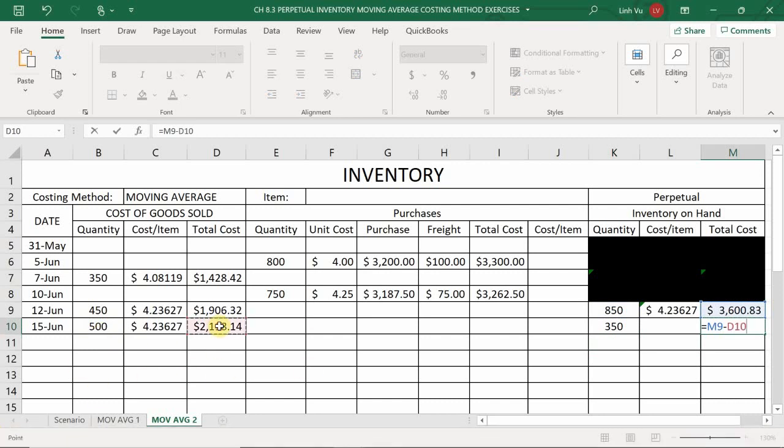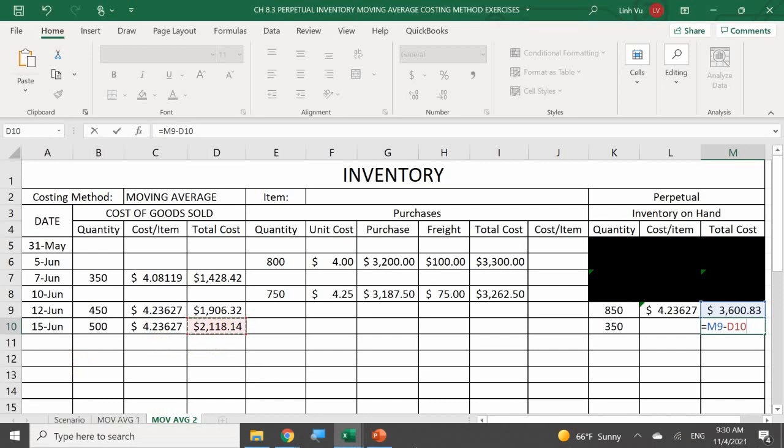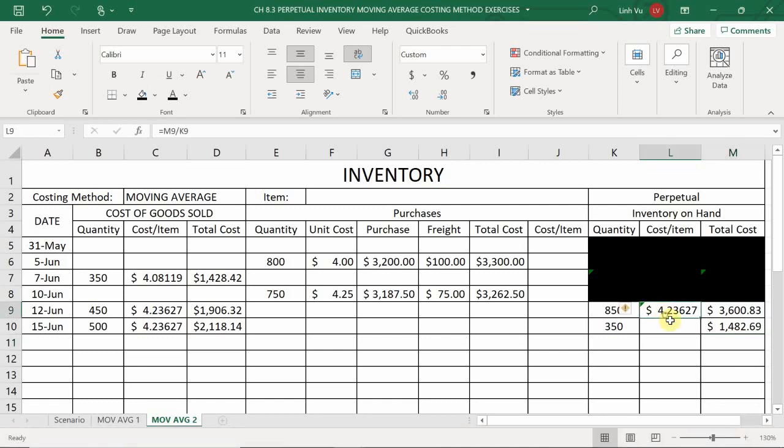If I started out with $3,683 and I sold $2,001, that should now give me $1,482.69. Which then, once again, I need to recalculate my average cost per item because now it lost a ten-thousandth of a penny.